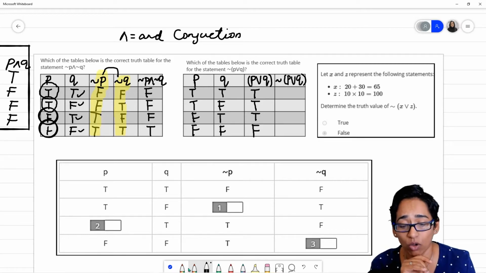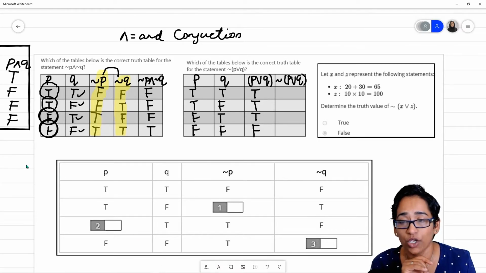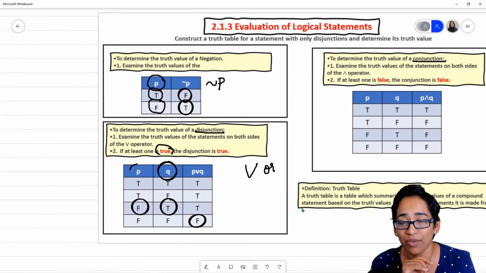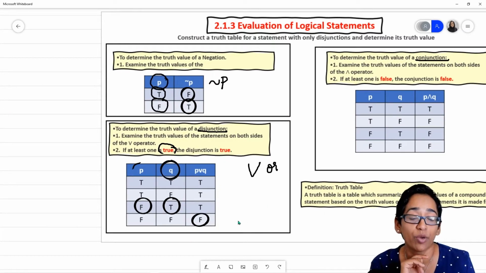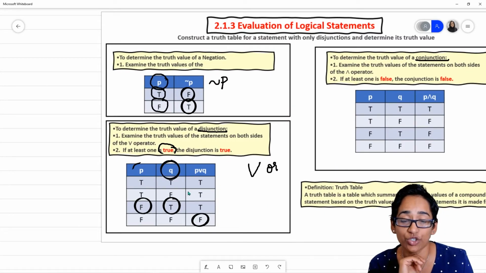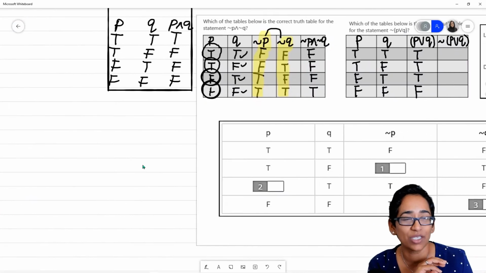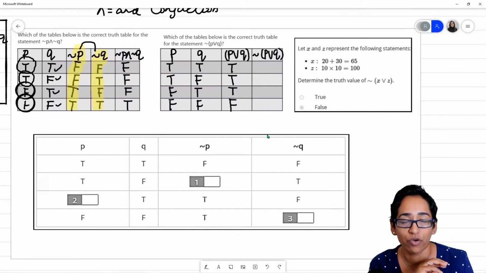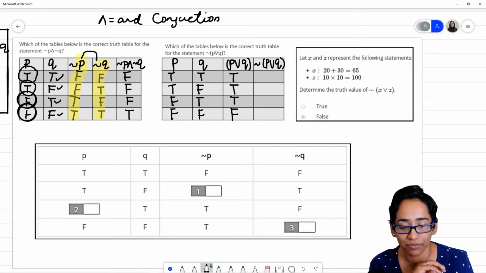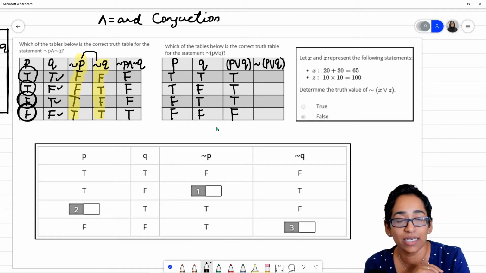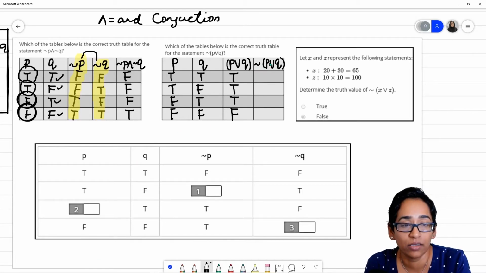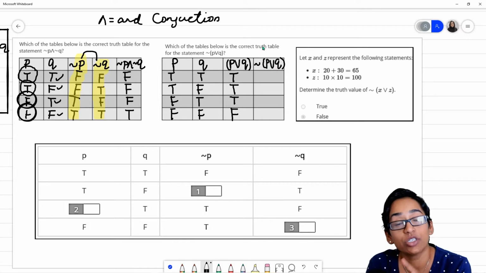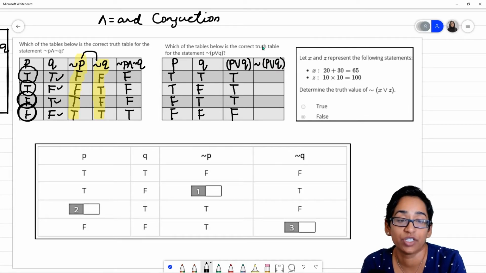Always make sure you have these tables with you when you're doing your problems. So as you can see, disjunction: true, true, true; true, false, true. Have these tables with you when you're working on the problems. That way it is much easier for us to work things down. Okay, so now once we did that, we are not looking for disjunction, we're looking for the negation of disjunction.